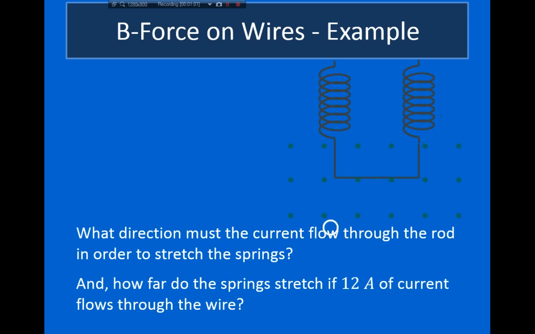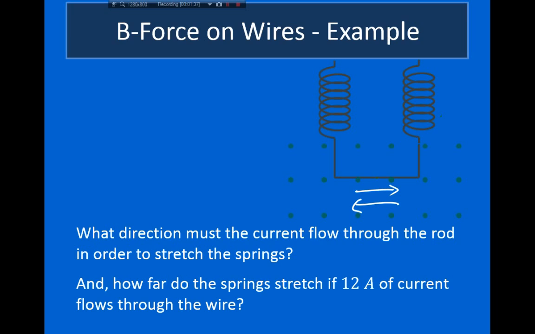So for the first part, we have to use the right-hand rule to determine the direction of the magnetic force. So remember, the right-hand rule says that if I point my fingers, now I'm going to point them in the direction of the current first. So we have two options. The current could either be flowing towards the right, or the current could be flowing towards the left. So let's try the first one. If I point the fingers on my right hand towards the right side of the screen, and then I orient my hand so that when I curl the fingers on my right hand they point out of the screen, then I can see that my thumb is going to point towards the bottom of the screen.